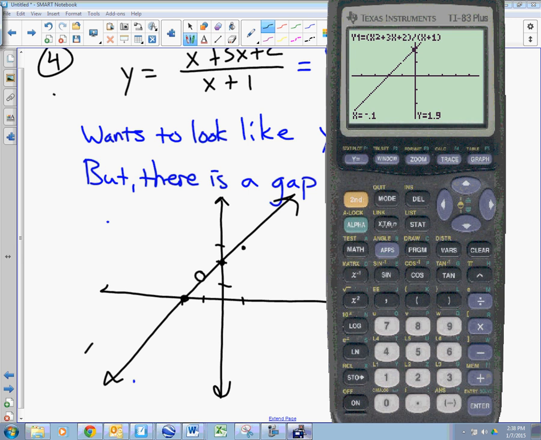Is that cool? It's just awesome. Like, look here. If you go to -1, it's like, I don't know what the y value is. And then press it. Oh, the cursor jumps back on. So, I mean, this is legitimately what the graph looks like. That's a real graph that we need to be able to account for.